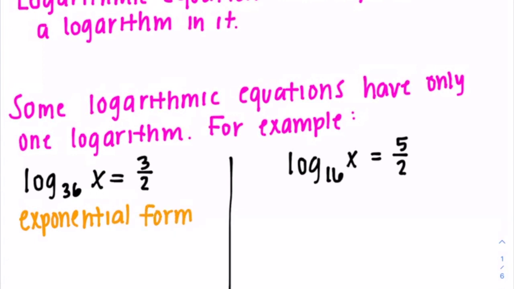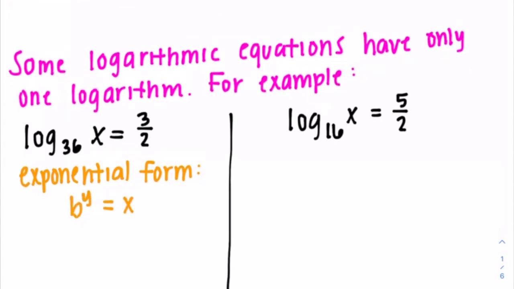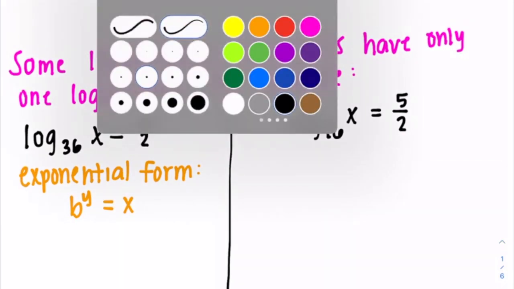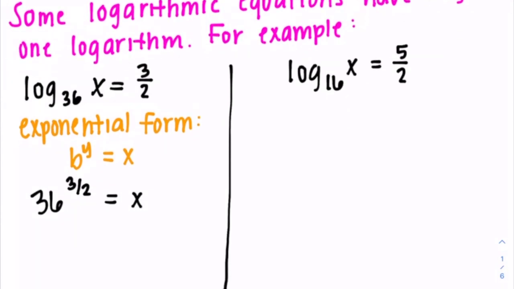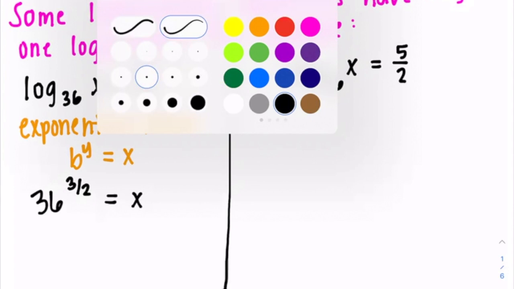The first one on the left, we see we have log base 36 of x equals 3 over 2. We want to get this into exponential form, b to the y equals x, which in this case is going to be 36 to the 3/2 power equals x. Now that 36 we can rewrite as 6 squared.